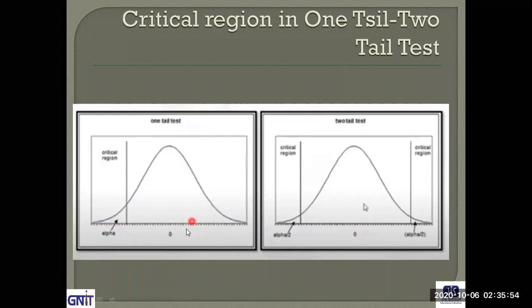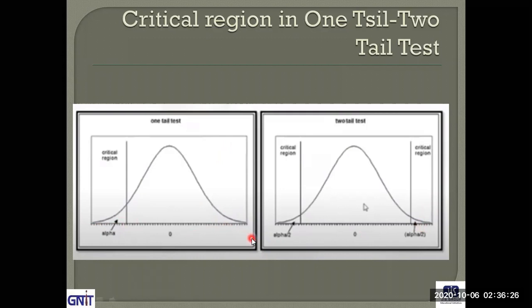Similarly, if we consider that below 25 years, all students are more interested to continue their job rather than their studies, then this will be the upper region tail test.